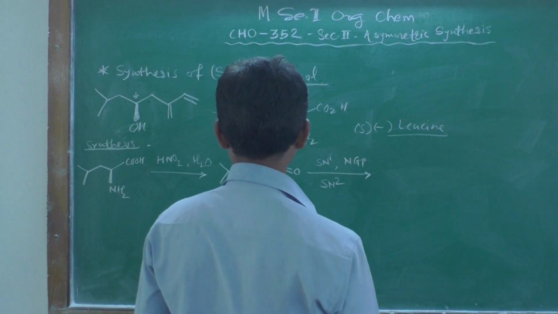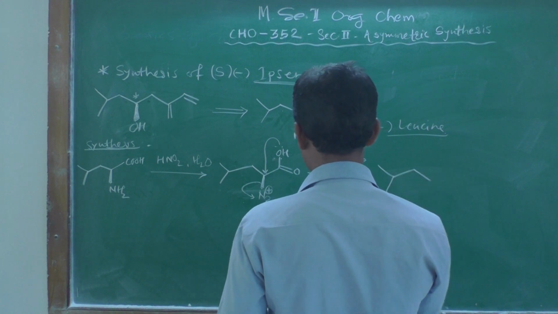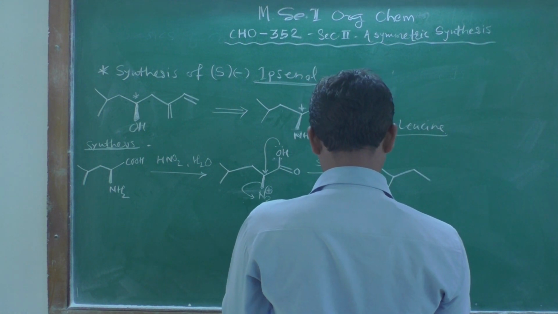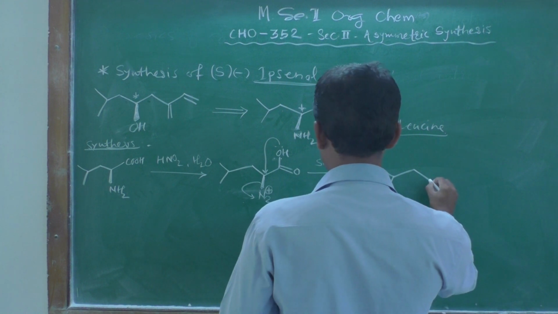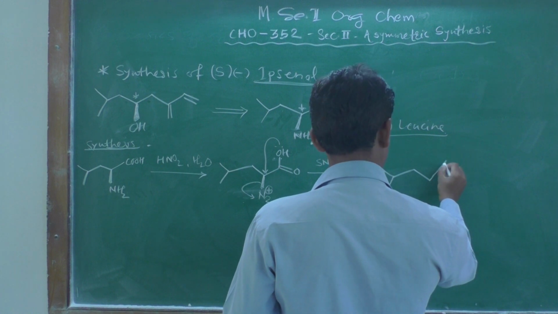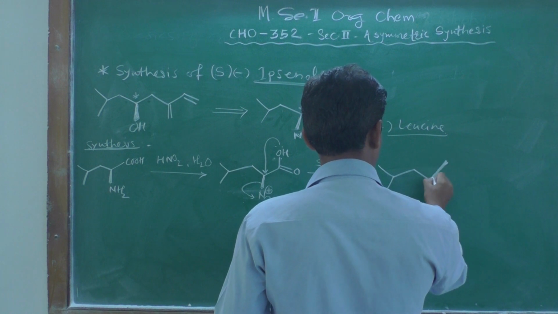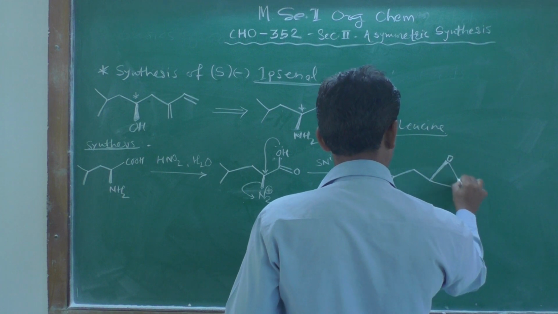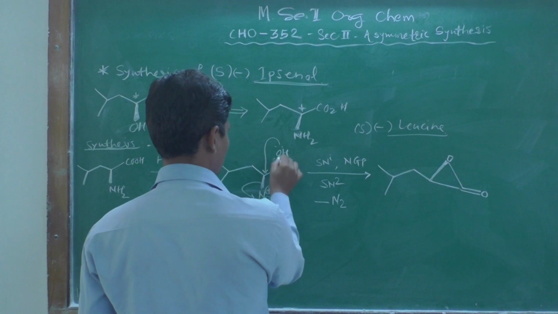And what do we get here? We get an intermediate, and the structure of the intermediate will be like this, minus N2. N2 will be knocked out here, and the structure will be a 3-membered ring with oxygen, CO, this carbon 1, 2, 3.